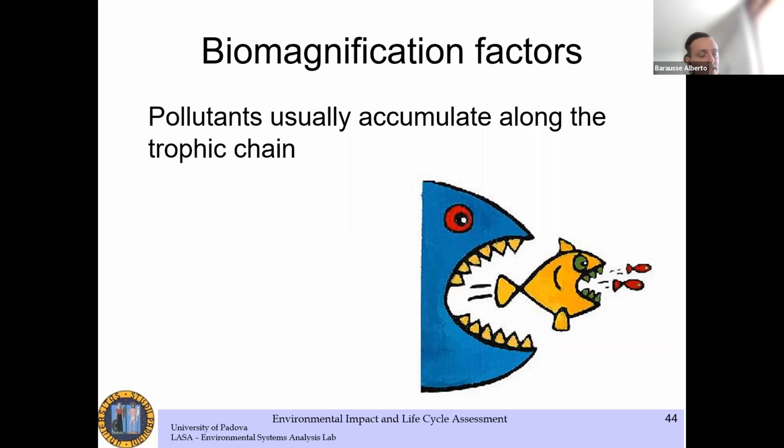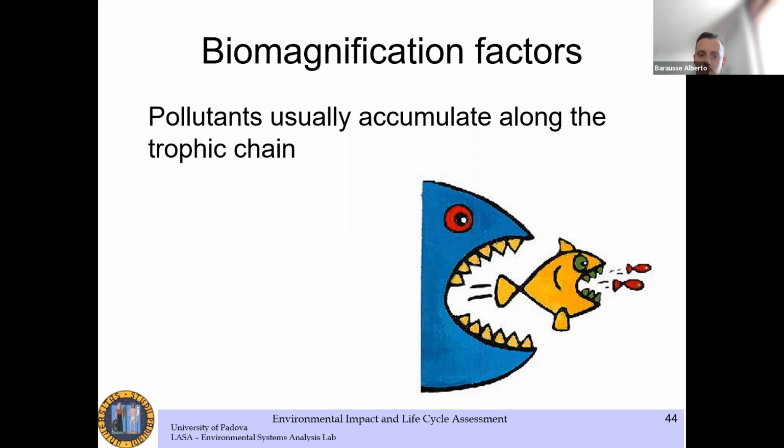We mean the fact that pollutants are usually found in higher concentration in the flesh of organisms which are predators, because, for example, this is easier to see in the case of fishes. Why? Because the big fish eats the small fish, and a lot of small fishes throughout its lifetime, so it absorbs a lot of contaminants, and it excretes not so many of those contaminants because big animals have slow metabolism.